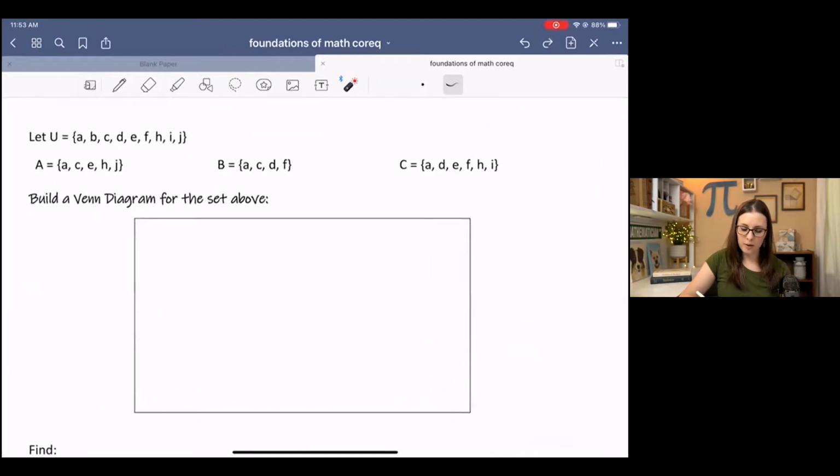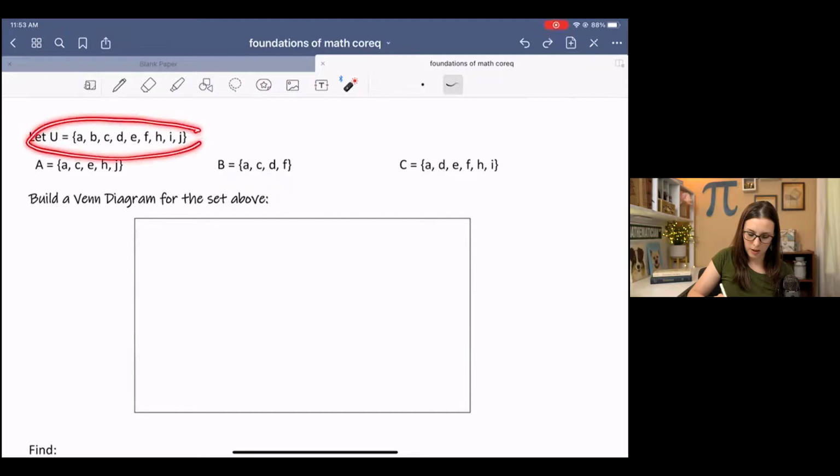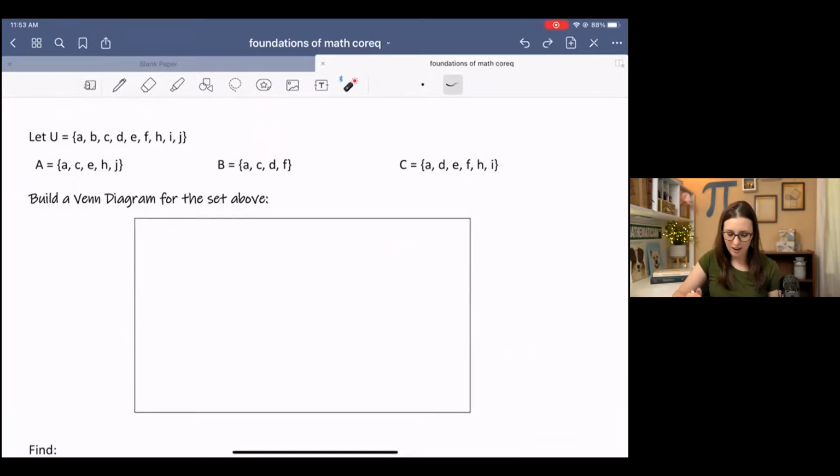So we've named the universal set to be these letters: A, B, C, D, E, F, H, I, J. So there's no G. Okay. And then we have these subsets that are all elements in the universal set. They were made up of pulling specific pieces from the universal set.